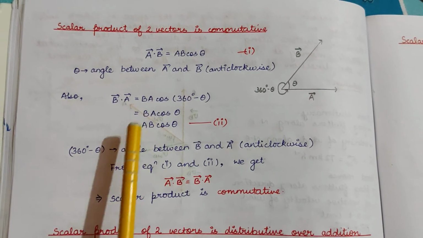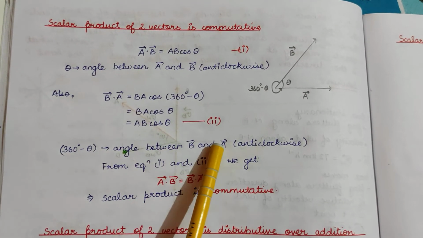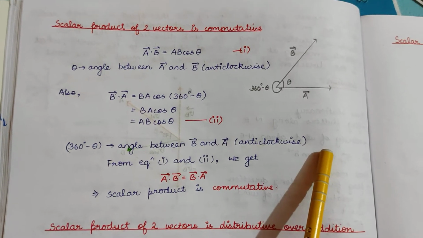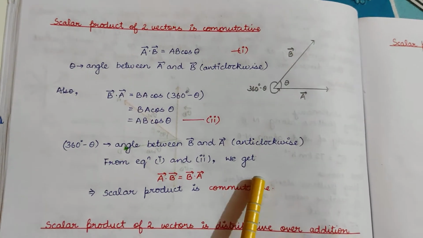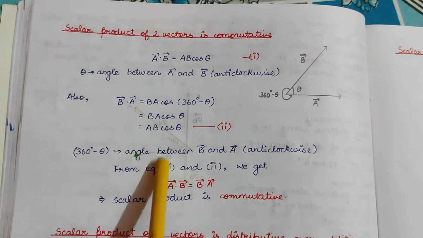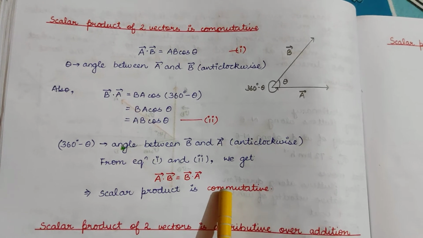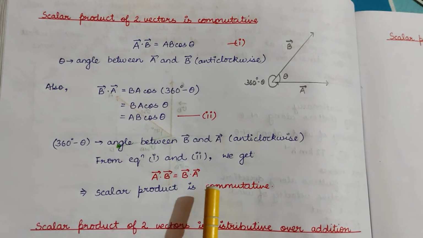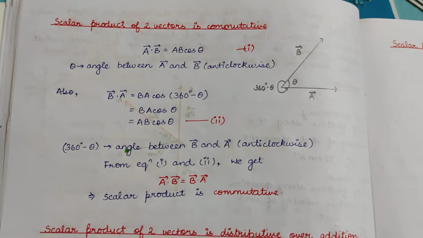The angle 360 degree minus theta is the angle between vector B and vector A in anti-clockwise direction. So from equation 1 and equation 2, as both are equal to AB cos theta, we can say that vector A dot vector B is equal to vector B dot vector A, and hence we have proved that scalar product is commutative.